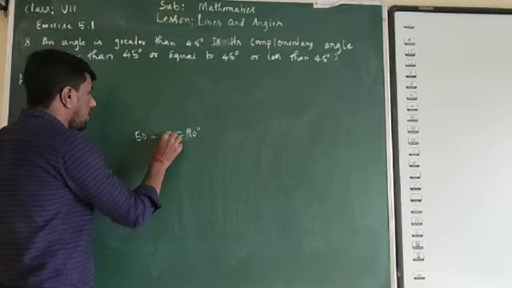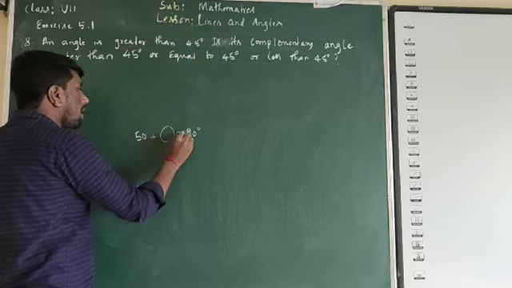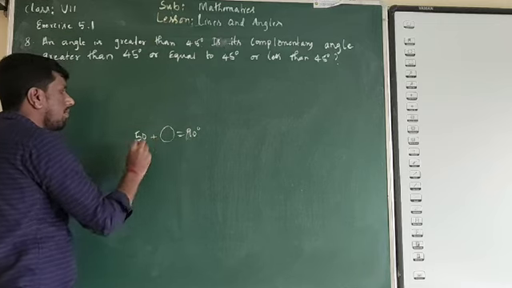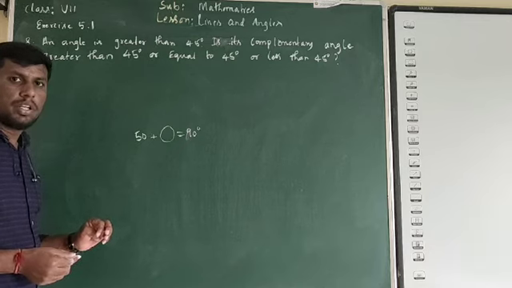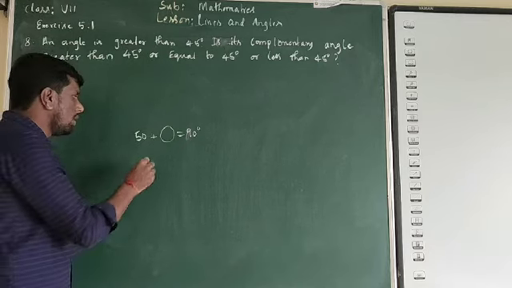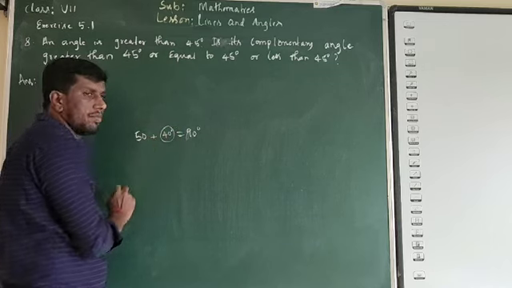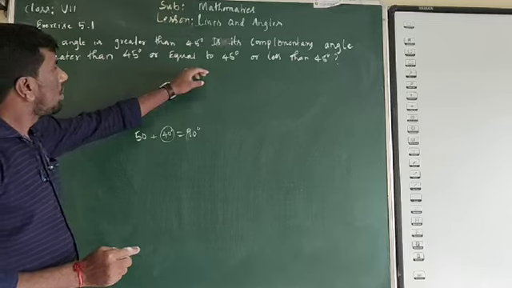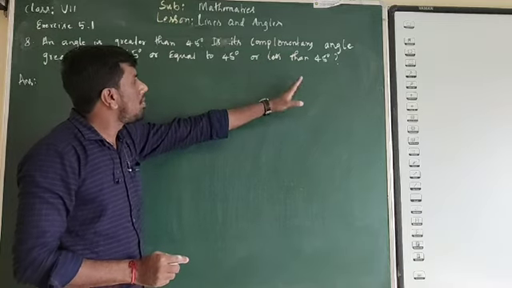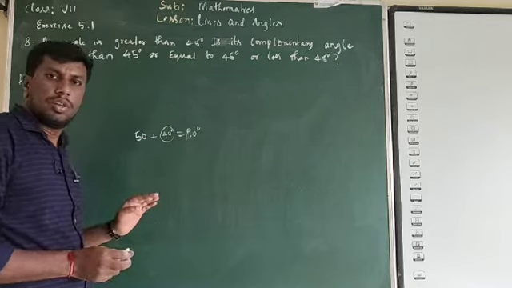I need to add something to this in order to get its complement. What value do I need to place in order to get 90 degree? I need to place 40 degree only, right? That is, 50 plus 40 will become 90. That means its complement must be less than 45 degree.